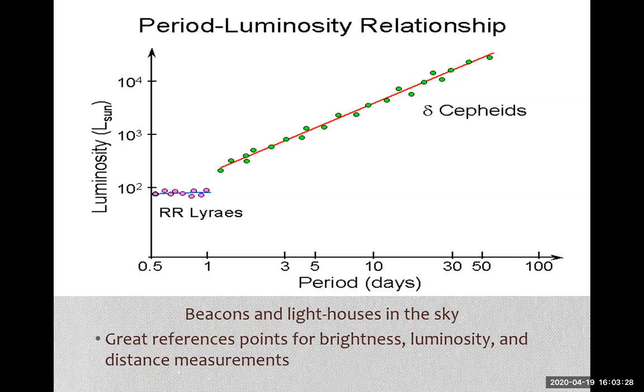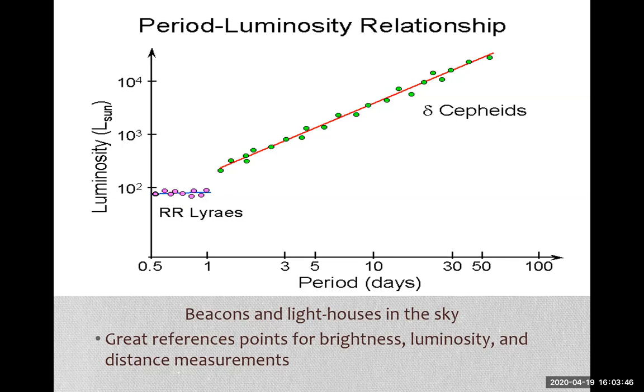The Cepheid variables have periods that can span from a day to almost 100 days in terms of going from bright to dim to bright again. And it turns out that their luminosity is also higher, by almost a factor of 10 compared to the RR Lyraes.